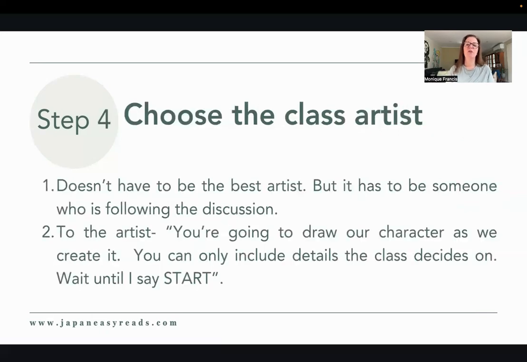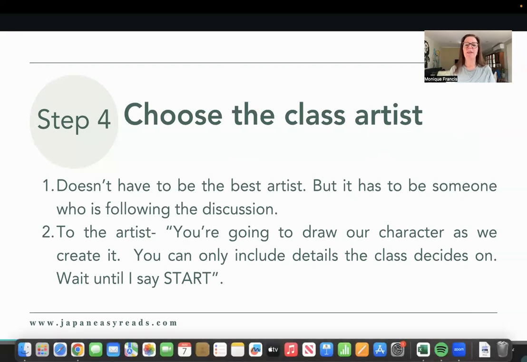Step 4 is to choose the class artist, because as the class is co-creating this character with you, you've got a class artist who is drawing as you go. So they're listening and they're drawing their perceptions of this, or impressions of this character.